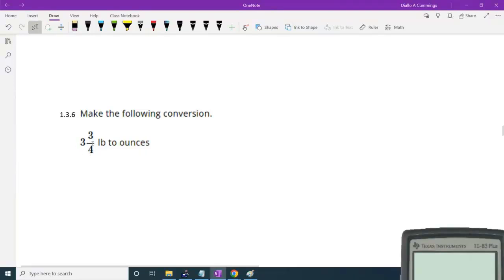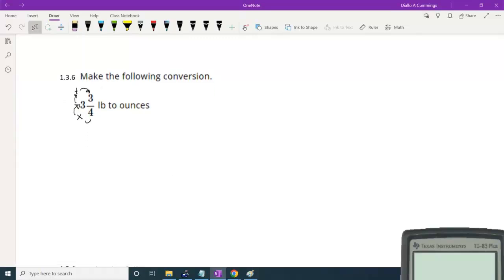In order to do that, I'm going to take the denominator 4 and multiply it by my whole number. So 4 times 3 is 12. Then I'm going to add my top number. 12 plus 3 is 15.